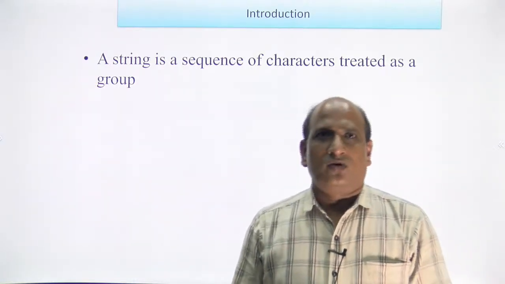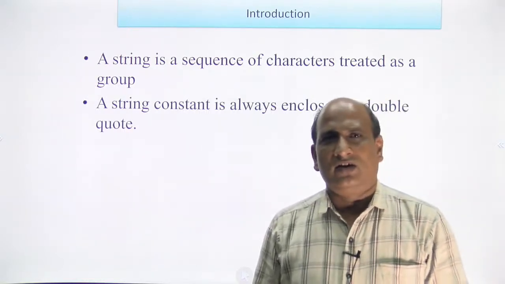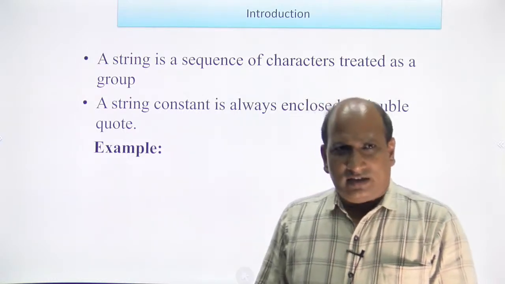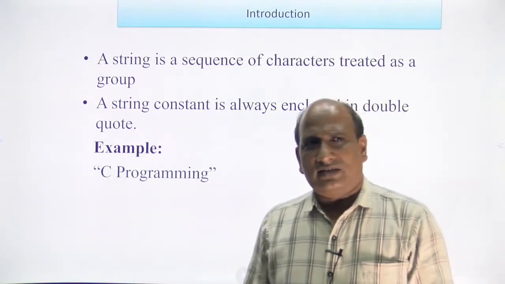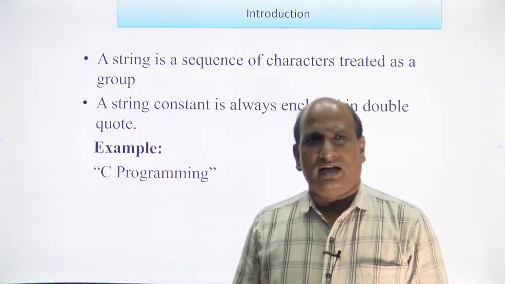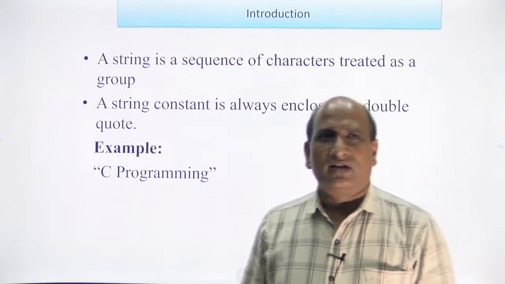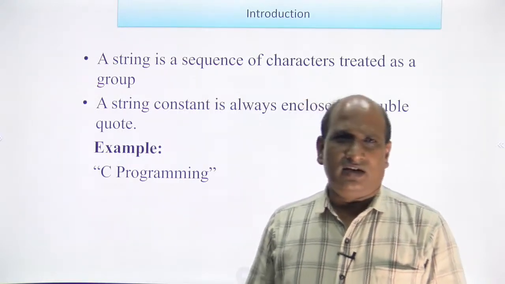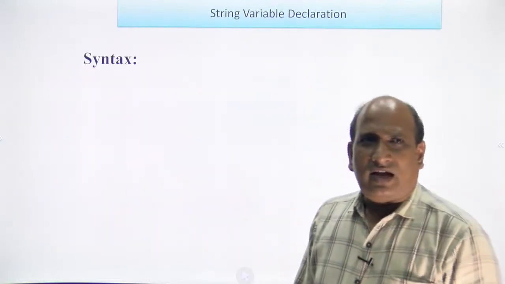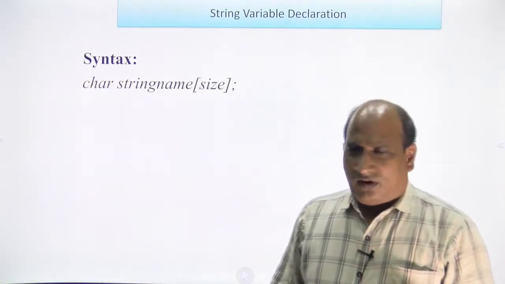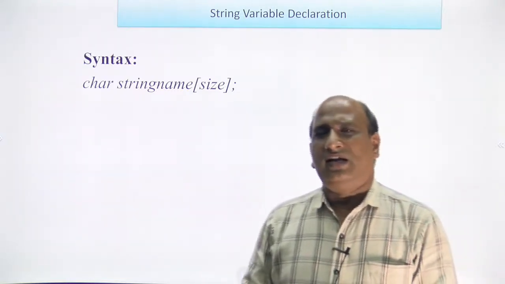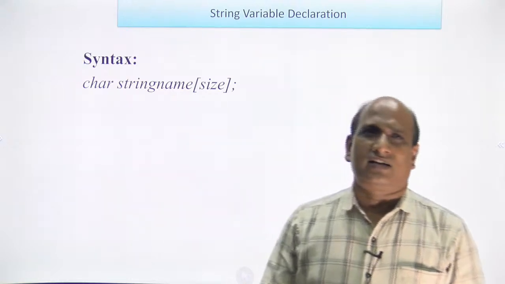And so before using any string you have to declare it. Let's start with what a string constant is. This may be treated as a string constant, like I have written "C programming" in double quotes, or "computer". For using any string you have to first declare an array of character type.